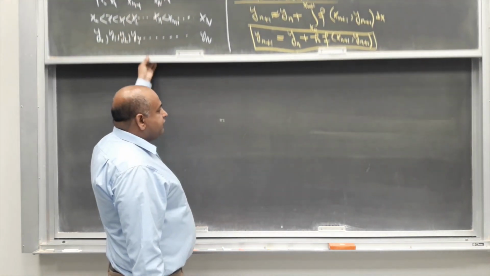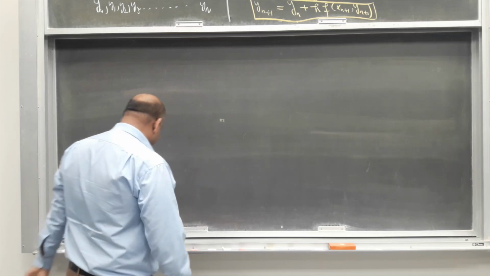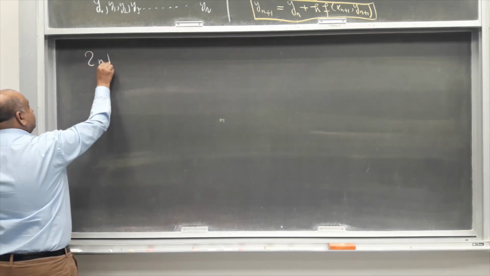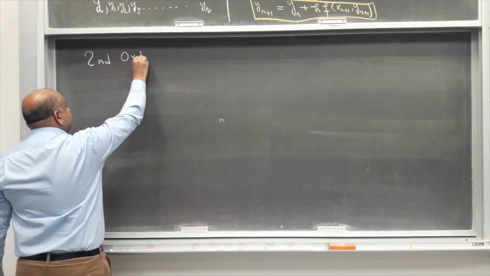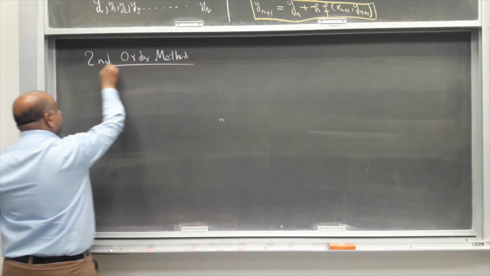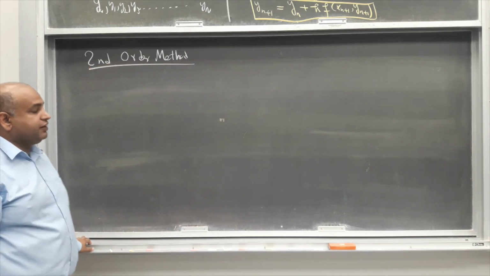Okay, so for the next order, for second order methods, since Euler's methods are first order methods, we need better approximations for f of x, y.